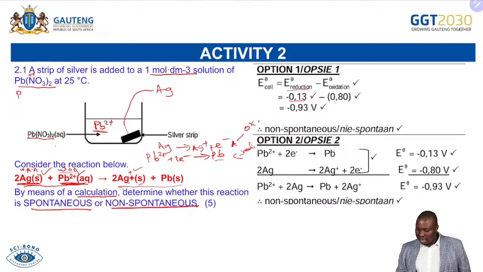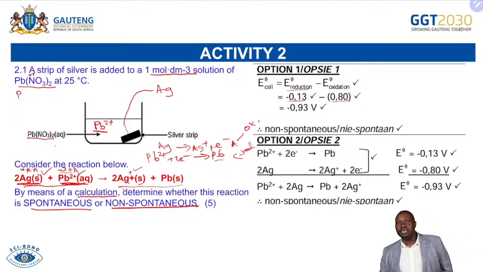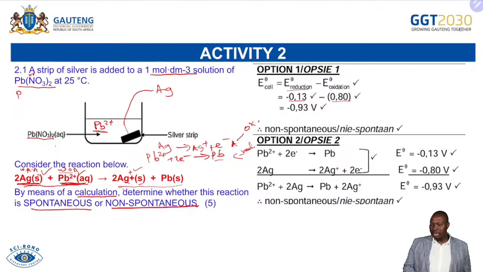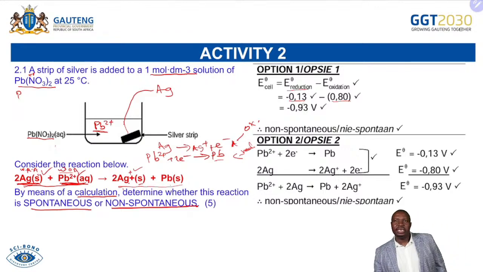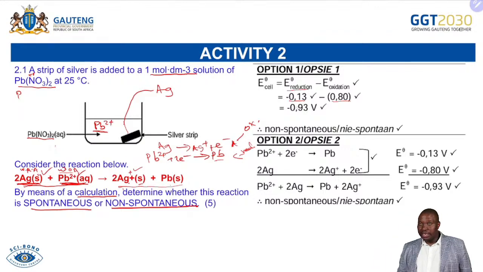For silver, the standard reduction potential is 0.80. If you use your calculator, negative 0.13 minus 0.80, definitely you are going to get negative 0.93 volts. So you are able to see that this one must be a non-spontaneous process.